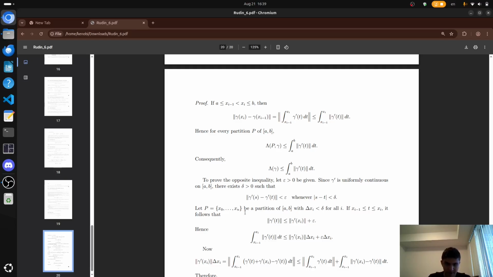And let P equals x_0 to x_n be a partition of AB with delta x_i less than delta for all i. If x_{i-1} is less than or equal to t, less than or equal to x_i, it follows that the absolute value of gamma prime of t is less than or equal to the absolute value of gamma prime of x_i plus epsilon.